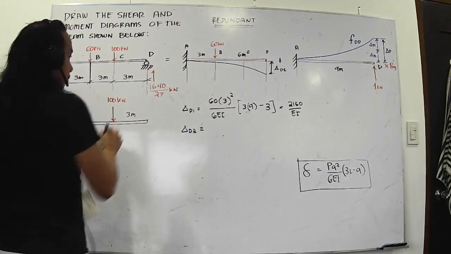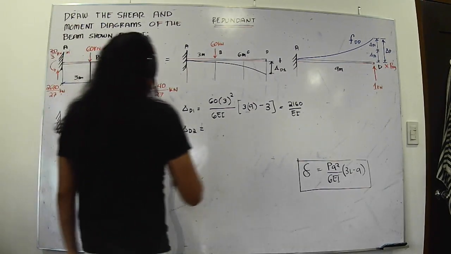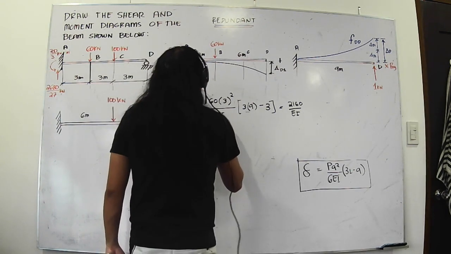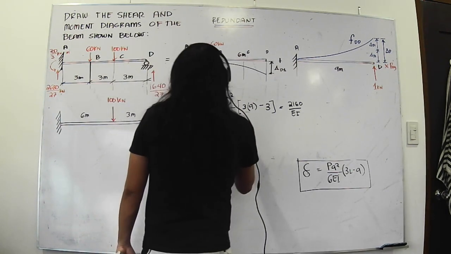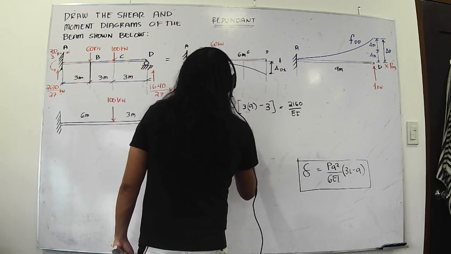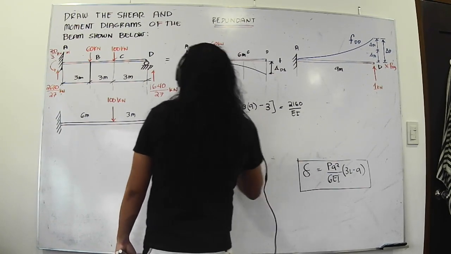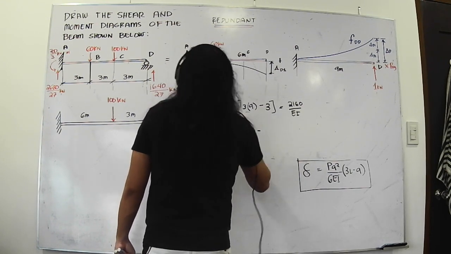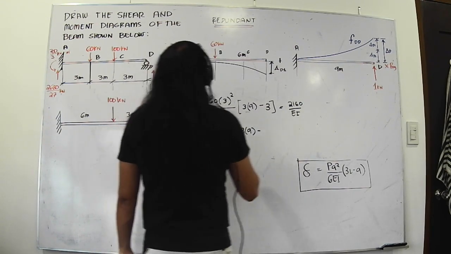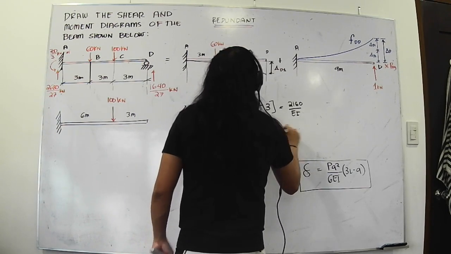Applying the equation with P equal to 100 and A equal to 6, over 6EI multiplied by 3L, which is 9, minus A, which is 6.